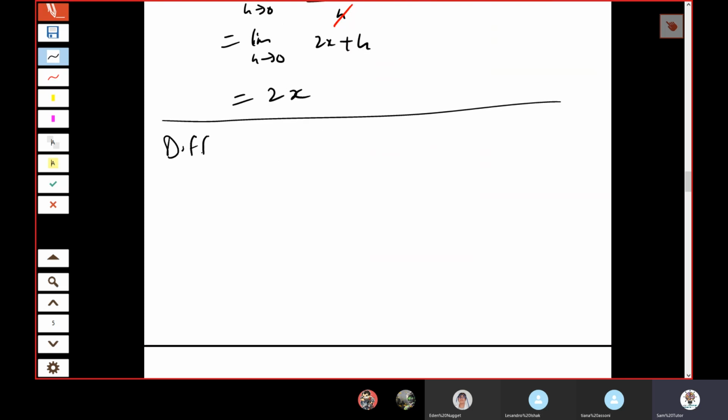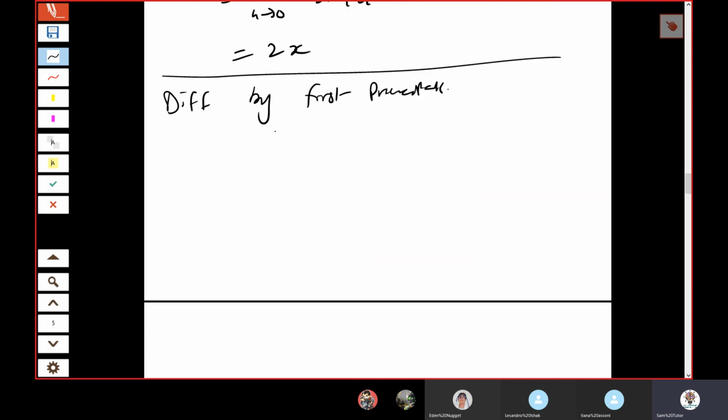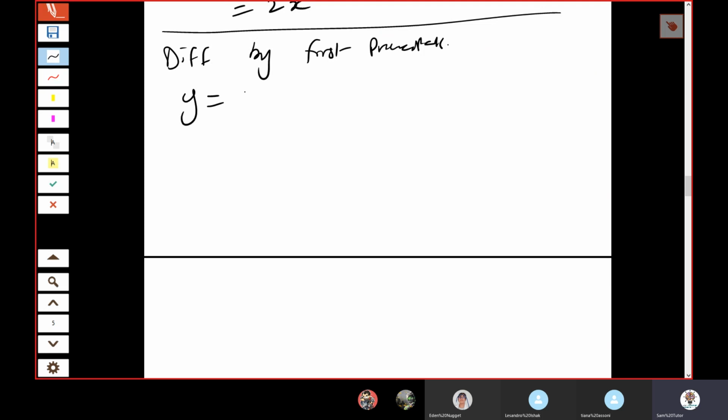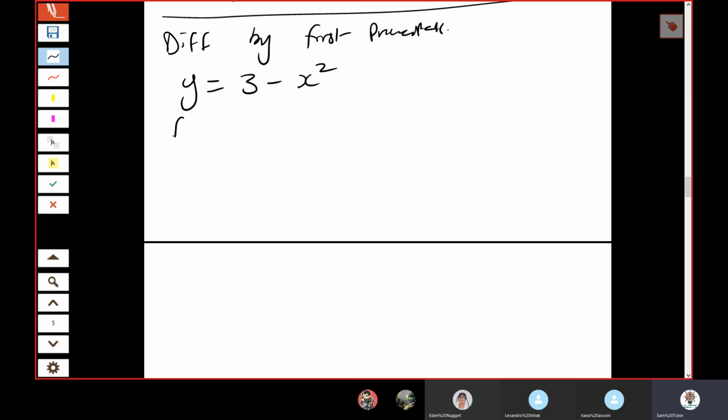So differentiate by first principles. Y equals 3 minus x squared. So in other words, f of x equals 3 minus x squared, and of course f of x plus h.